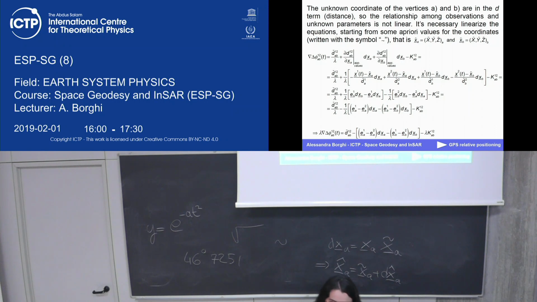So in the nonlinear least square estimation, we have to do an iterative procedure. We start with very approximate coordinates. We arrive at estimating this correction. After that I can correct the approximate values, and I can start another step in my iteration method using these as approximated values.